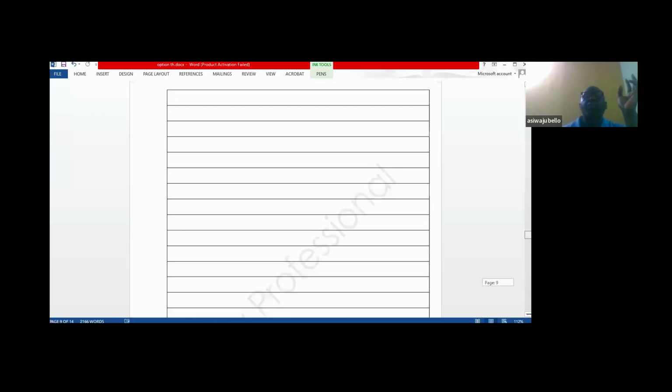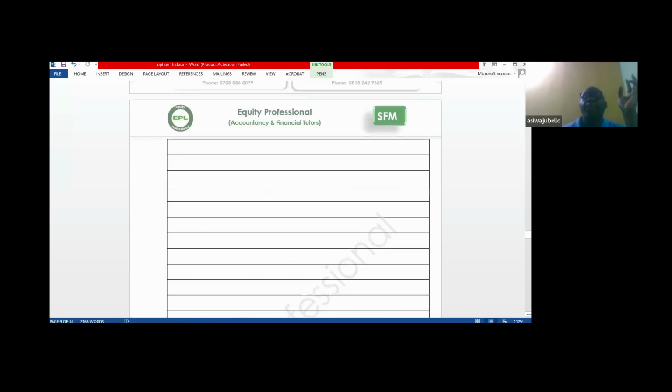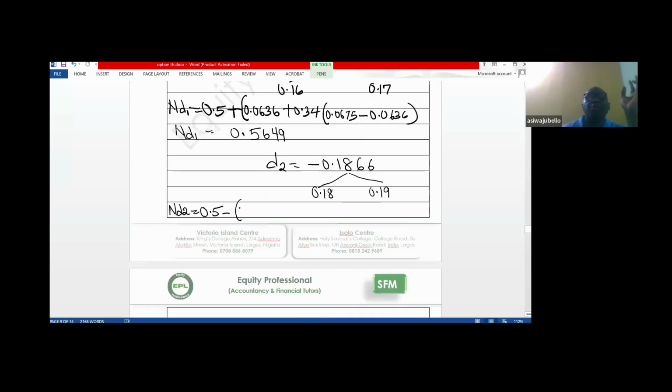Return up. 0.0714. That is 0.1 traced to 8. You have checked 0.18. We are left with 66, plus 0.66.